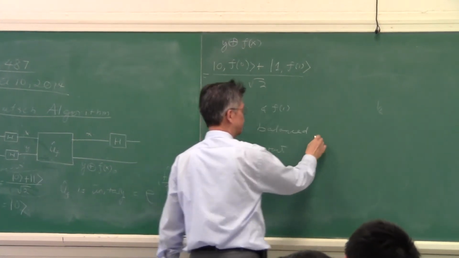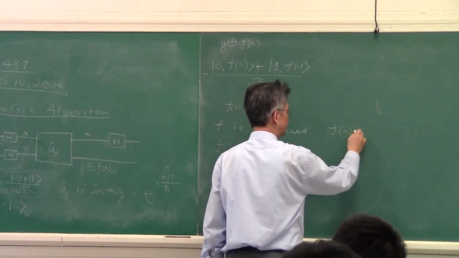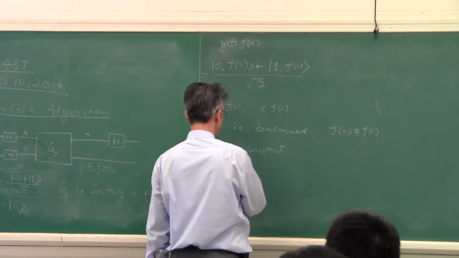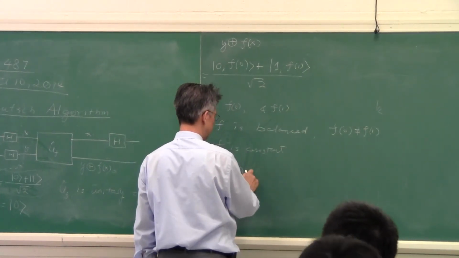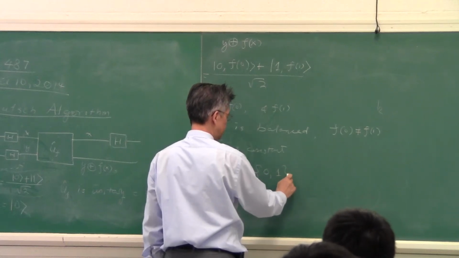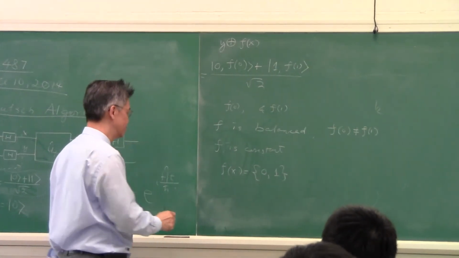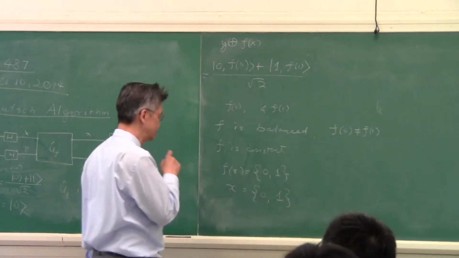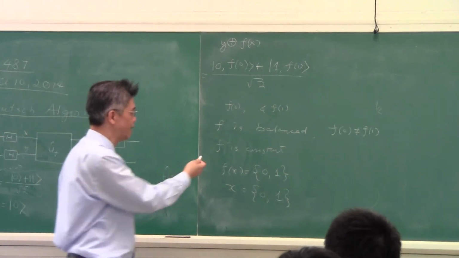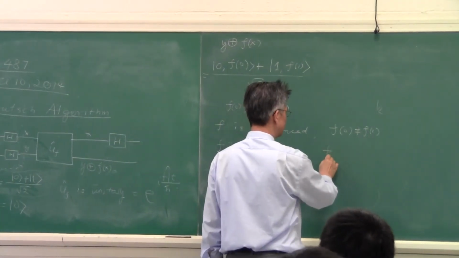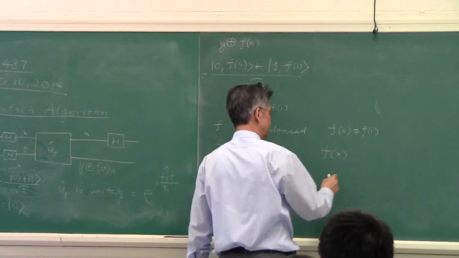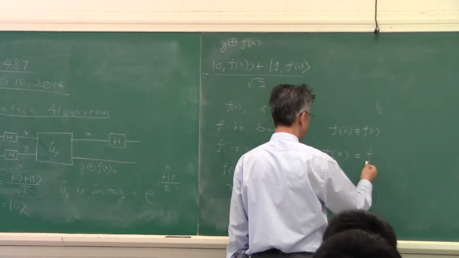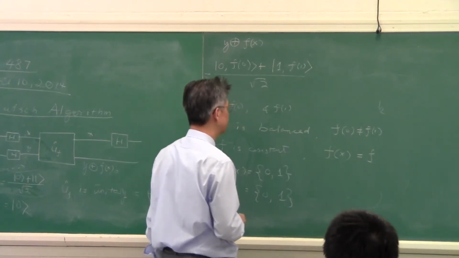Okay, F is balanced means F of 0 is not equal to F of 1. Okay, and f of x, the output, is either 0 or 1. X is also belonging to 0 or 1. Okay, the input x is also belonging to 0 or 1. When it's balanced, then this is the thing, and then it turns out that if it is, this is balanced.